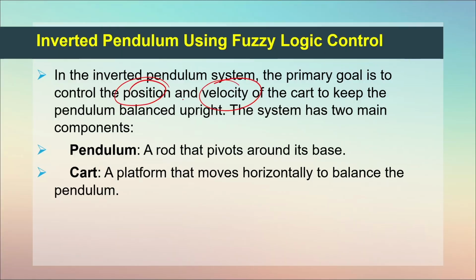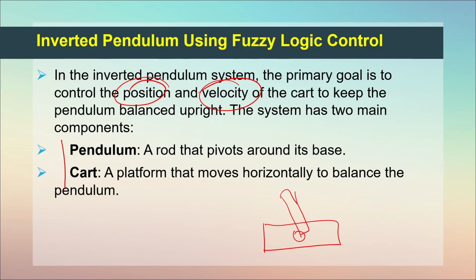In the inverted pendulum the primary goal is to control the position and the velocity to keep the pendulum balanced upright. What are the input variables and output variables? Before that, you can see there are two components: one is the pendulum, another is the cart. There is a cart, over which we have a pendulum, a rod that pivots around its base, and a platform that moves horizontally.